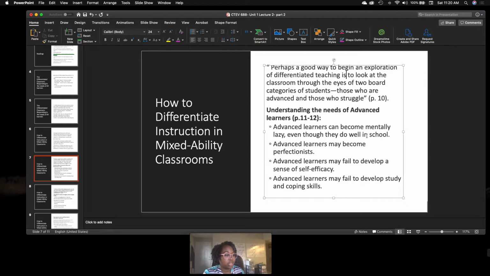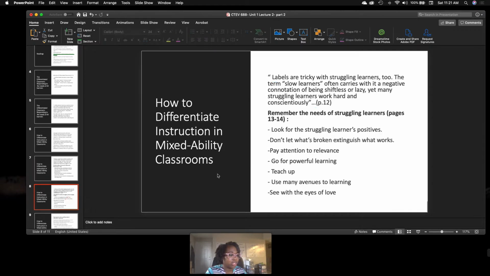So it's up to you to grow that in them as they are developing the skills for the standards they're meeting in the course. And advanced learners may fail to develop study and coping skills. This relates to self-efficacy: because they don't get the challenge, they don't put the effort forward, so they have a hard time coping and also studying to get the grade that they may desire.